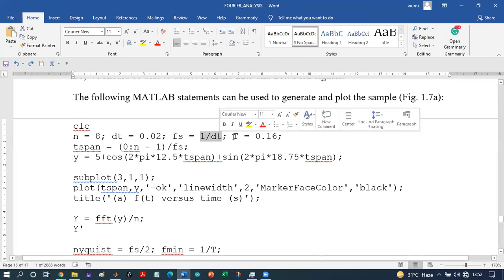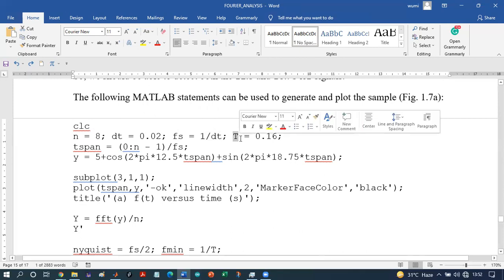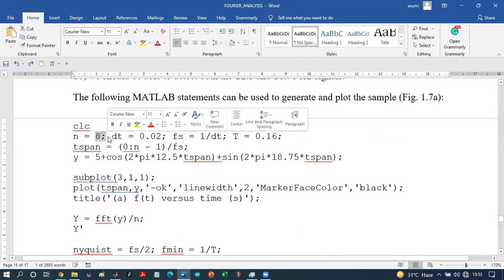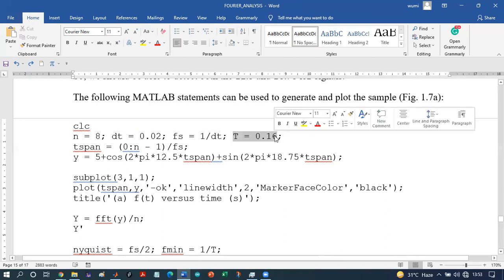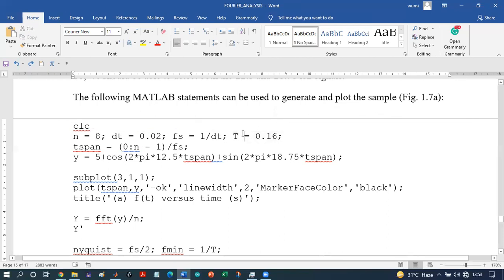Then the total sample length we found to be 0.16, so instead of writing T is equal to 0.16, you can just write T is equal to N multiplied by dt, and it's still the same thing. So this is the line to get all those four parameters we talked about.